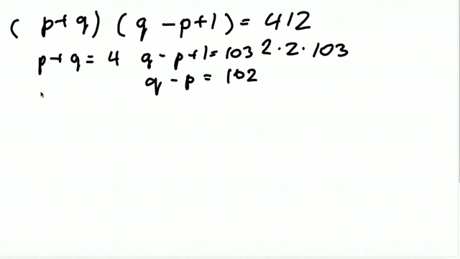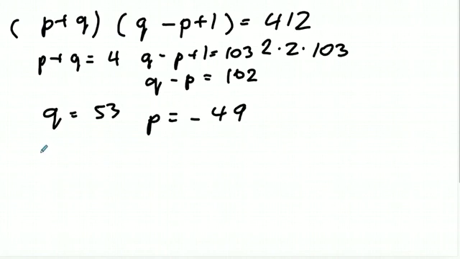So what are the solutions? We can find out that q would be 53 and p would be minus 49, which is not good because we were looking for positive integers. So what if I change?